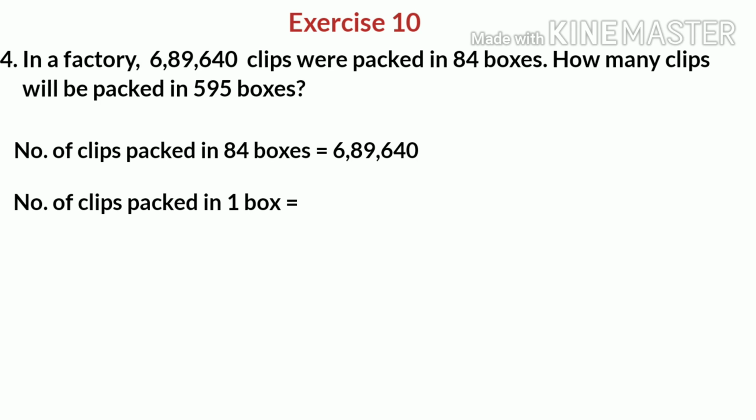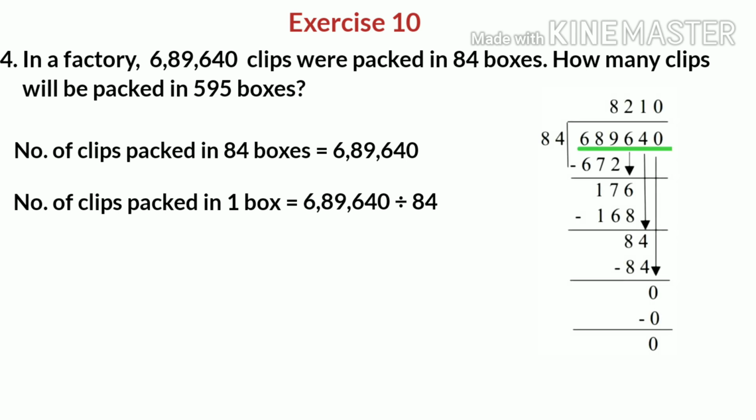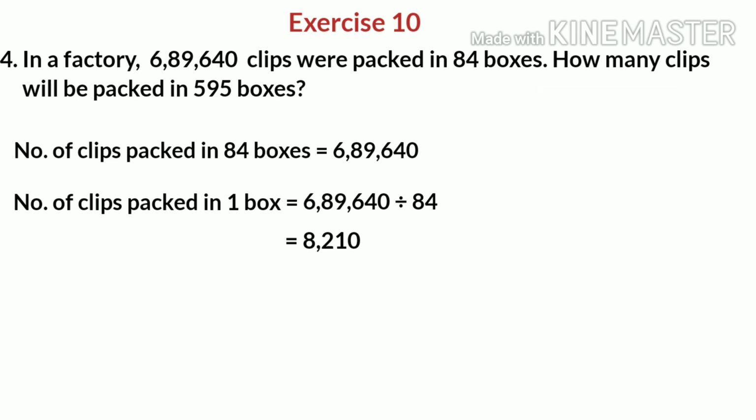That is, we will divide 6,89,640 by 84. And when we divide 6,89,640 by 84, we get 8210. So, the number of clips packed in one box is 8210.